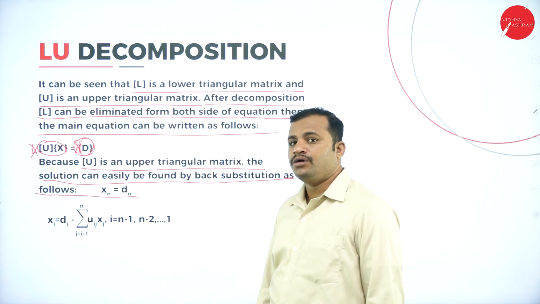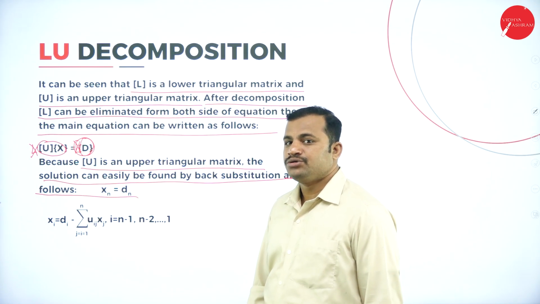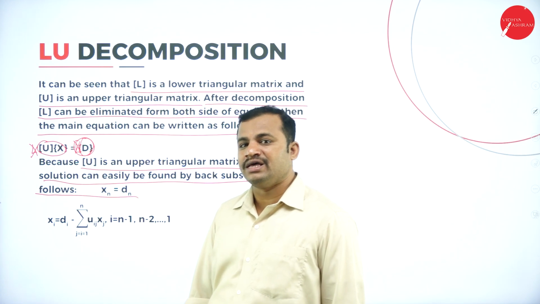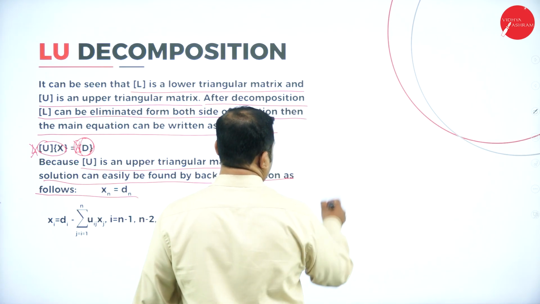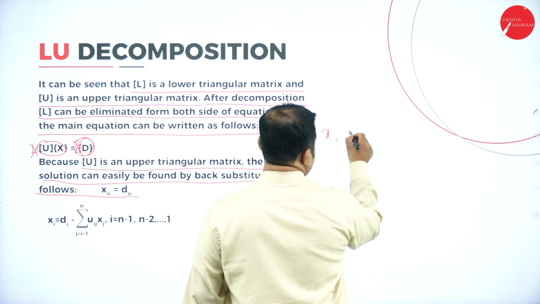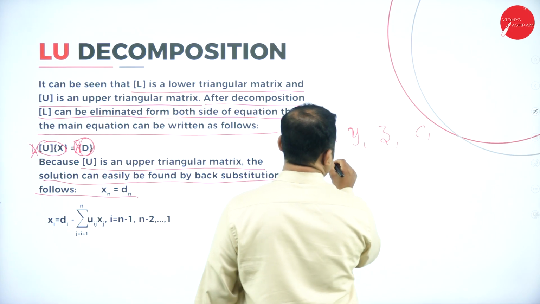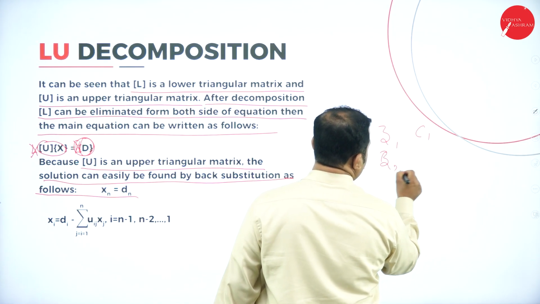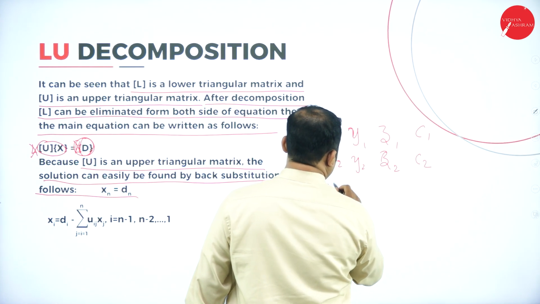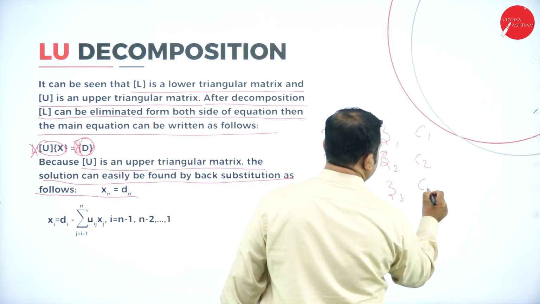How can I find this out with the elimination method? As you all have already seen in the Gauss elimination method, suppose x1, y1, z1 is equal to c1, x2, y2, z2 equal to c2, x3, y3, z3 equal to c3.